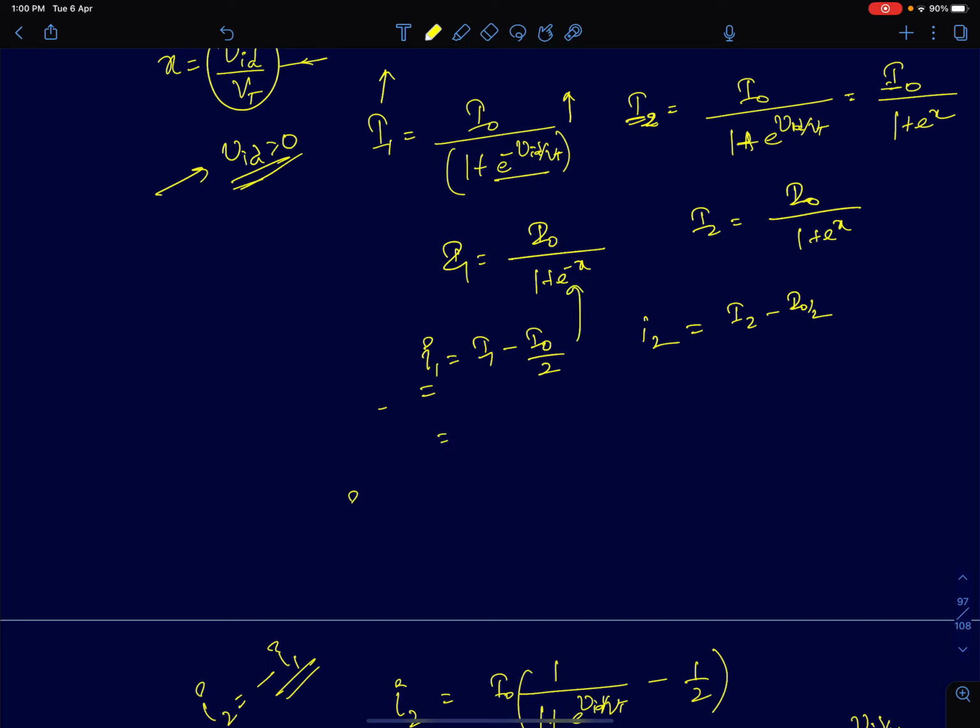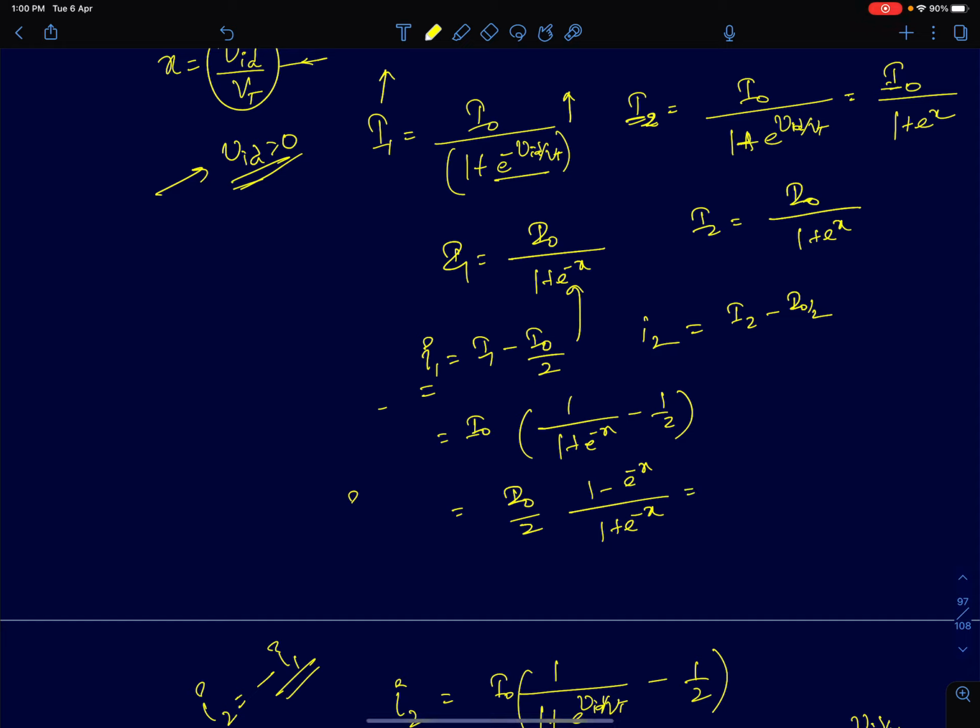If I substitute it here and take I0 common out, I'll get I0 into 1 by 1 plus e power minus X minus half. So this will be equal to I0 by 2 into 1 minus e power minus X by 1 plus e power minus X.